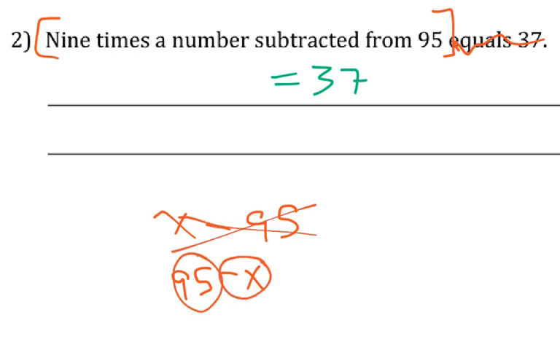So this is not the correct option. So here's 95 minus x. And if I want to do 9 times that, this would be inaccurate. I would have to do parentheses to make sure that entire quantity was multiplied by 9.